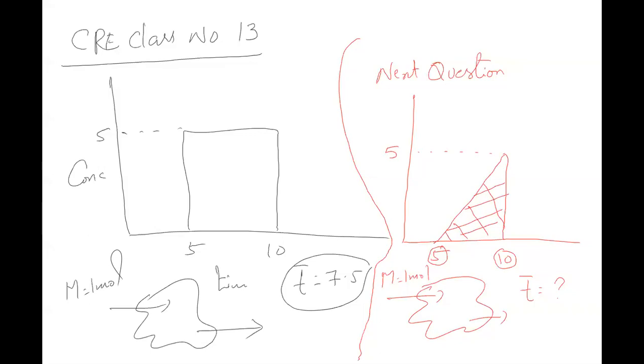The answer should be in between 5 to 10. 7.5 cannot be the answer. Area under the curve is 12.5.